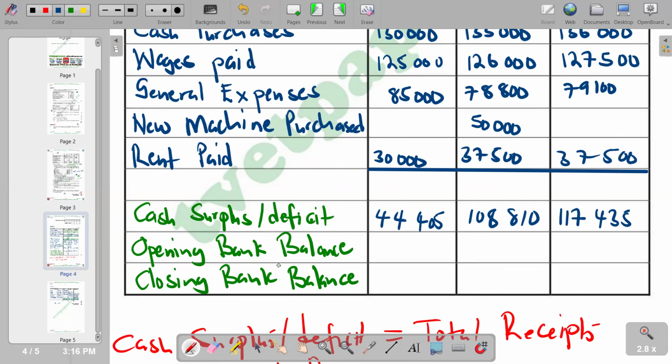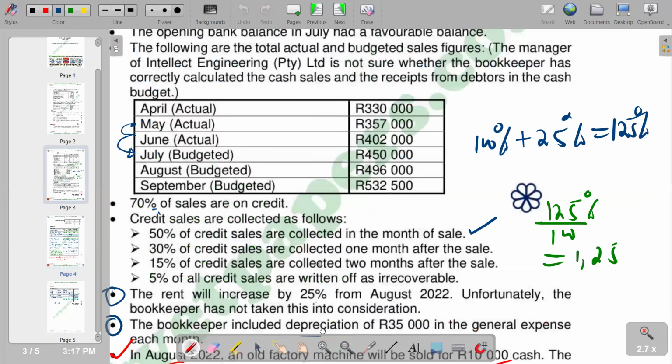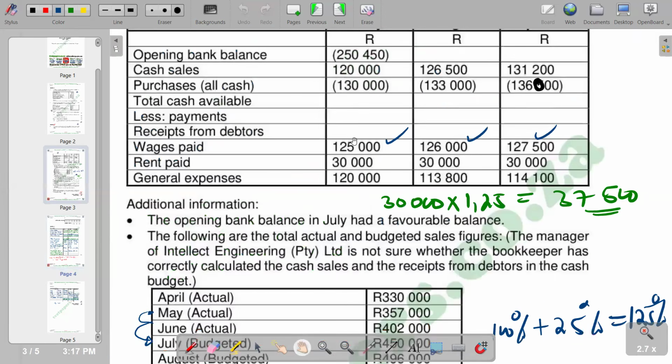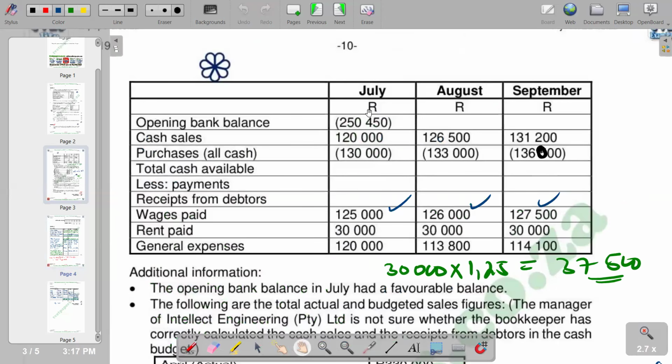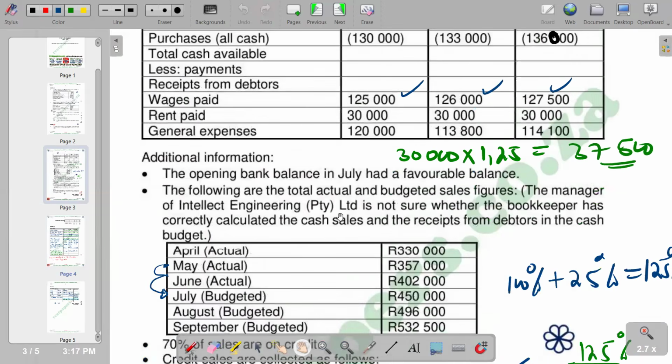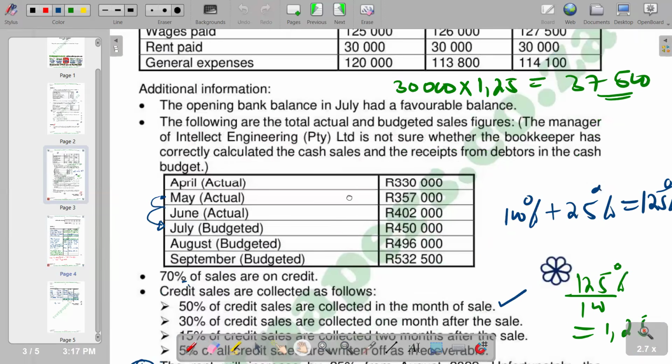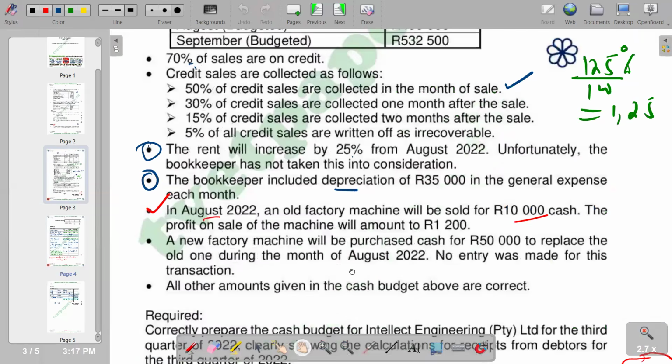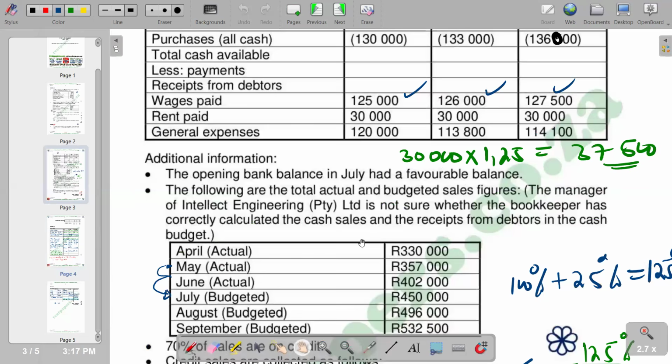And of course, we are supposed to look for opening balances in the first month. So if you go back to the initial cash budget that was wrong, it had 250,450 as the opening balance. If you go to additional information, there's nothing that is correcting that. So with that, the assumption that is made is that the figure that we are given here is correct.